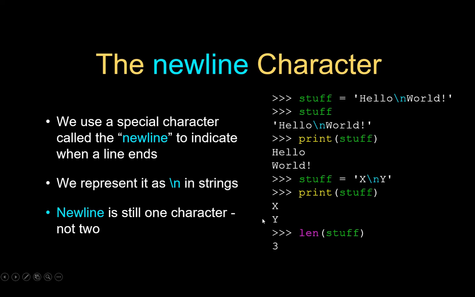If we apply the length function to that variable, we get 3. So \n, or new line, is considered a character by the length function. Just be mindful that a new line is 1 character when we use the length function.